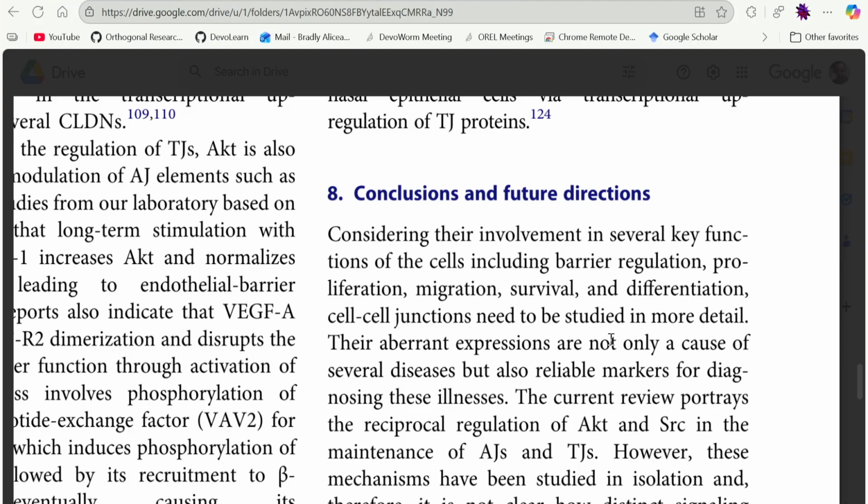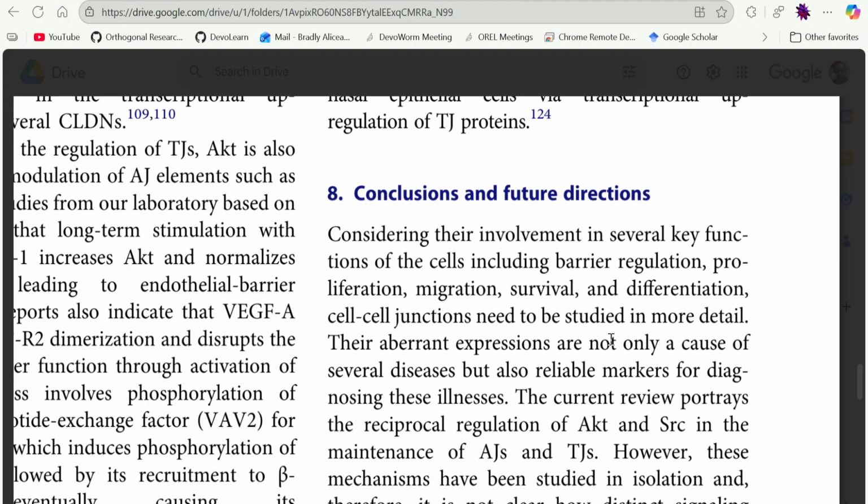The current review portrays the reciprocal regulation of AKT and SRC and the maintenance of adherens junctions and tight junctions. So that last figure was about how AKT and SRC are modulated by these molecular circuits, they're modulated by receptors, they're modulated by the need for a junction between two cells.